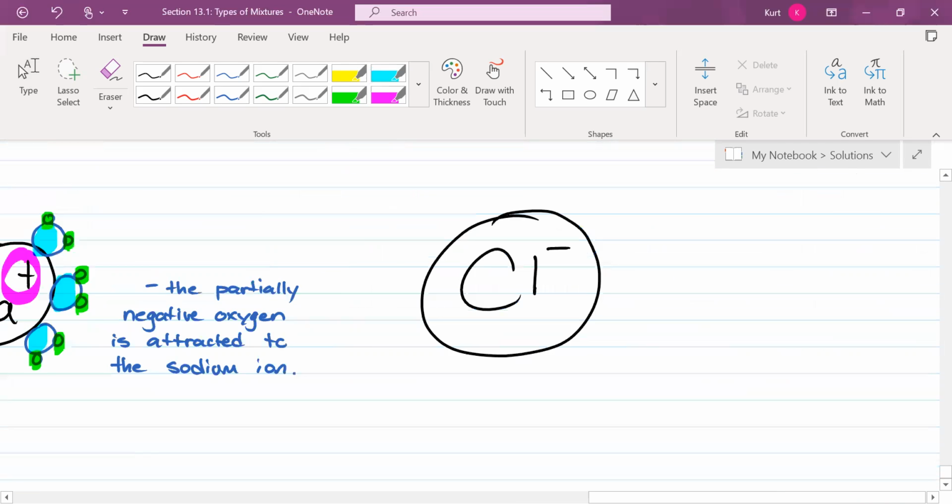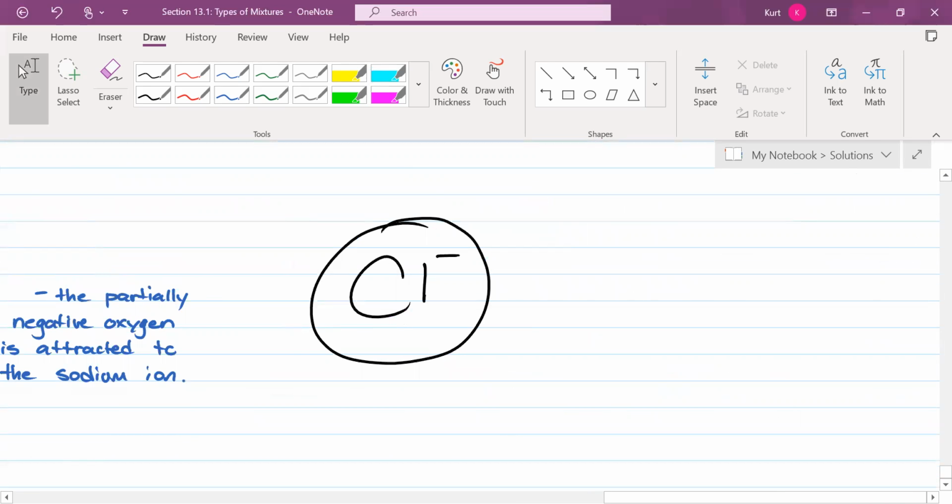Kendall, what is the charge of that chloride ion? Negative is fine. What side of a water molecule would always be attracted to a negative charge like the one found here in chloride? So would it be the hydrogen side or the oxygen side? That's right. So we're going to draw these like this.